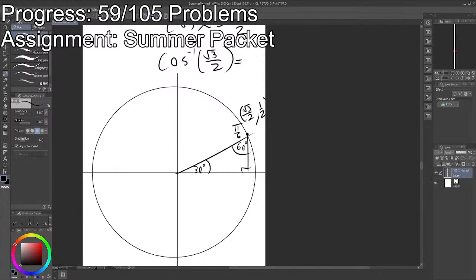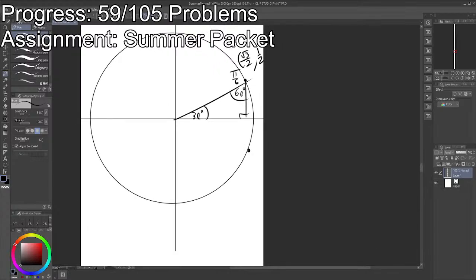So I want another one of the square root of 3 over 2's in the x, which is down here, it's 330 degrees. I use a straight line for this.